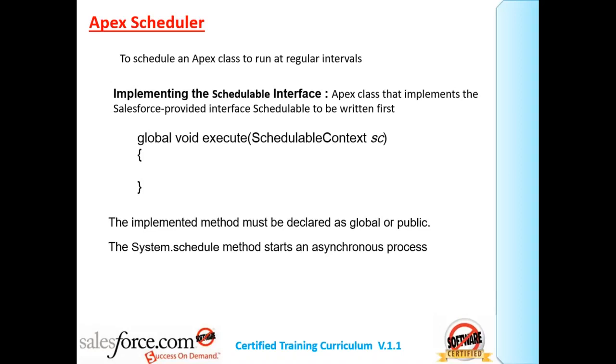Run the program on 31st December 2019. Can I do that? Yes. That is called schedule apex. Anything that you want to run in the future, not today, not now, we call schedule apex.